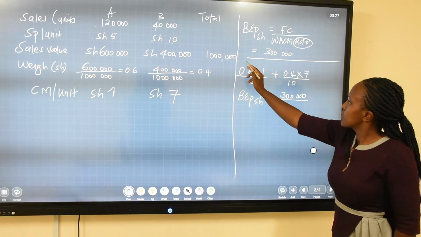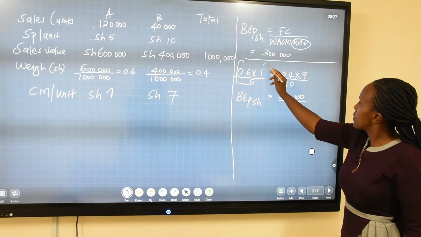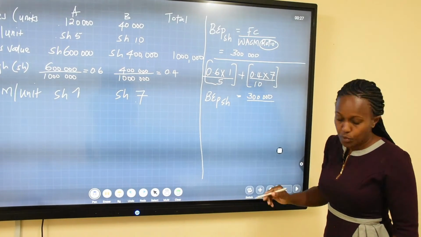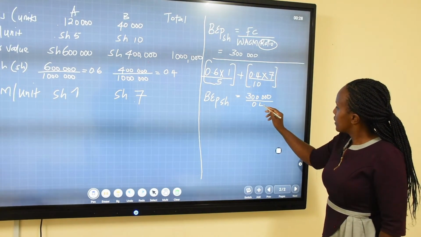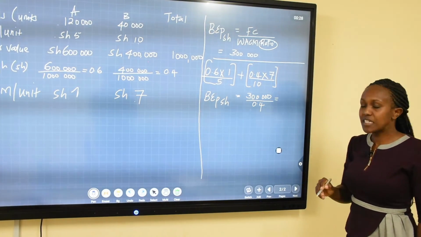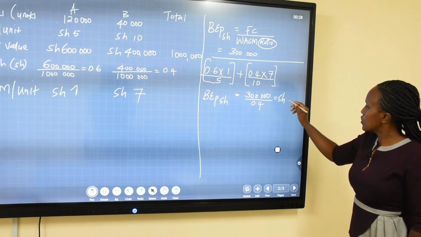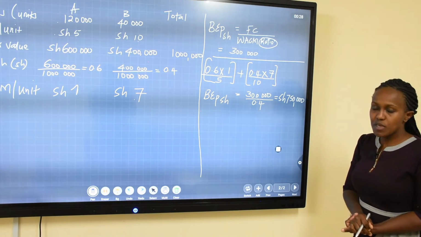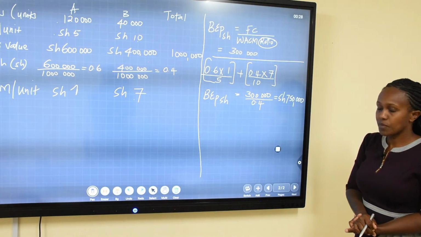If you work this out, in total, the denominator is going to give you 0.4. And this is going to give us that our BEP in shillings is equal to 750,000.